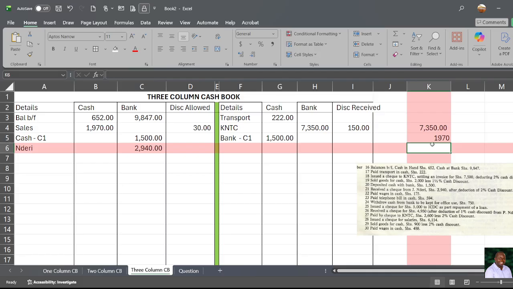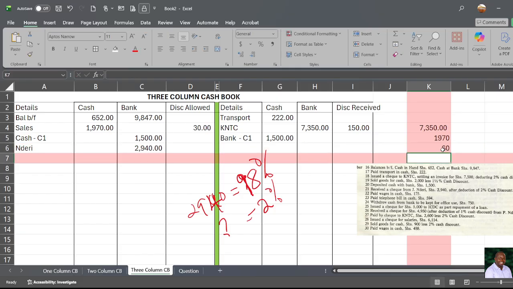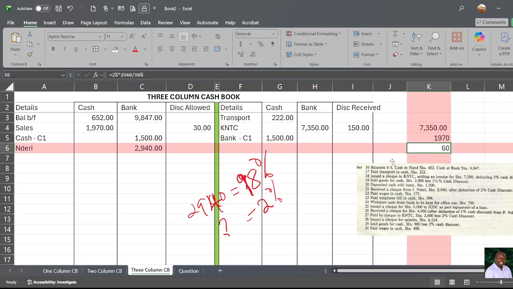So we work with that, the way we would do it in math: 2,940 equals 98%. So how much is 2%? We say 2% times 2,940, divided by 98%, and we find it is 60 bob.